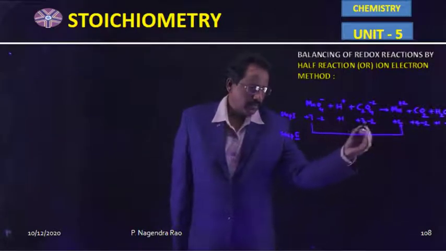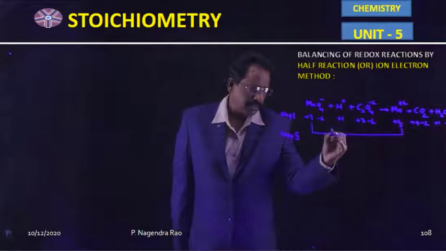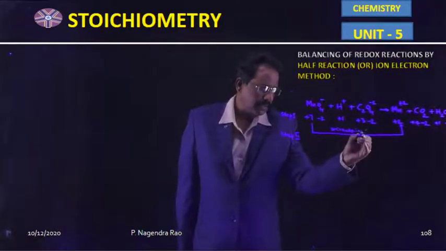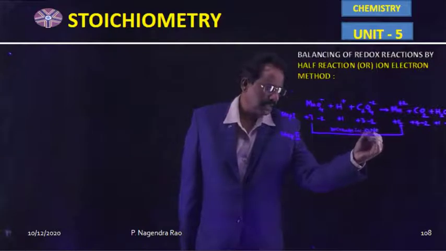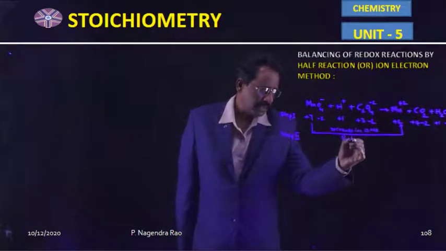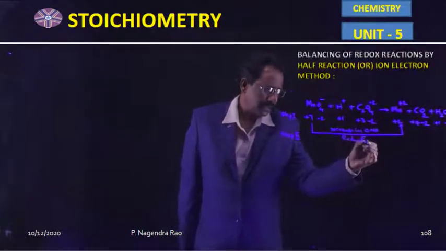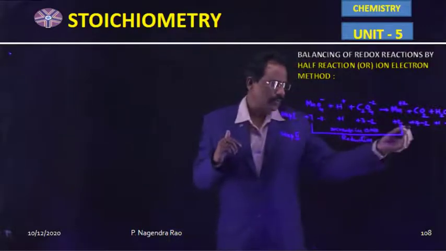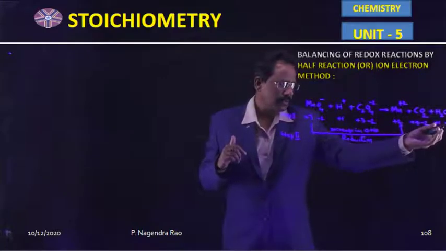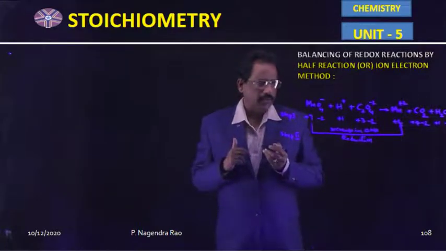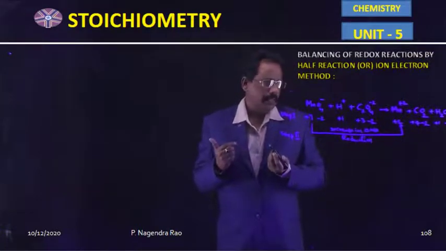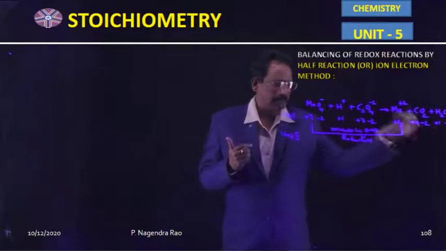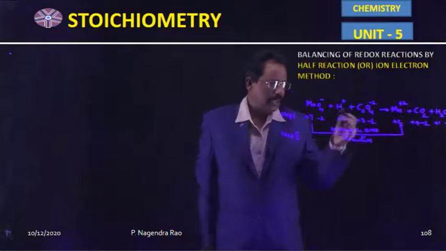So a decrease in oxidation number is nothing but a reduction process. Oxygen minus 2, here also minus 2, in water also minus 2, so neither oxidation nor reduction. Hydrogen also plus 1 and plus 1, no change.